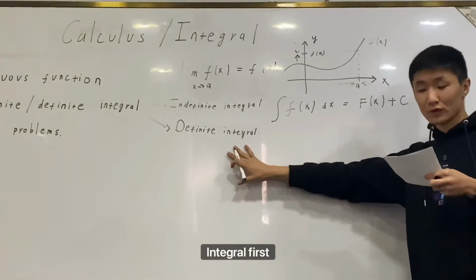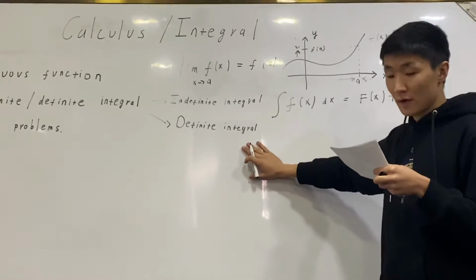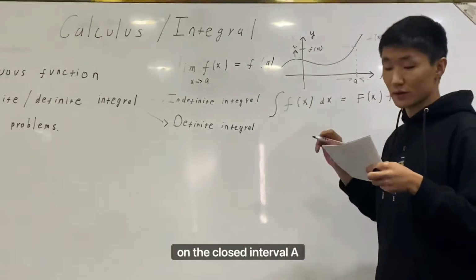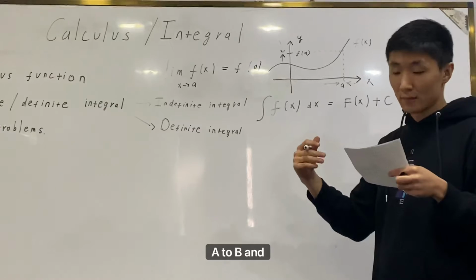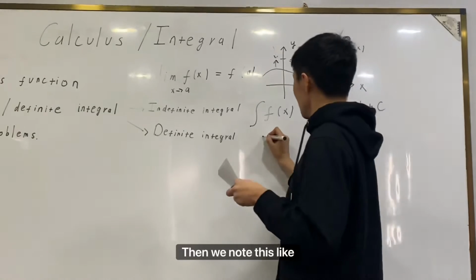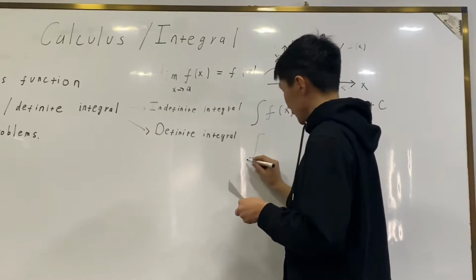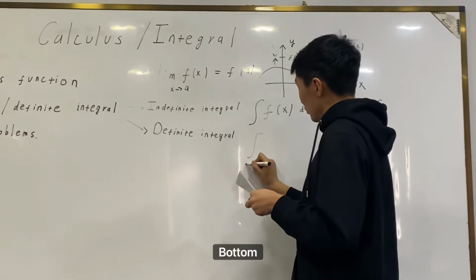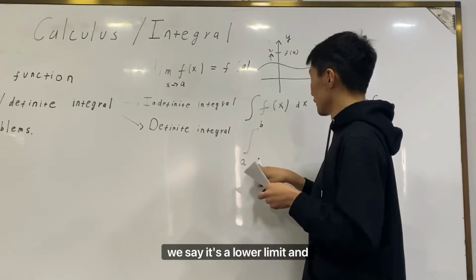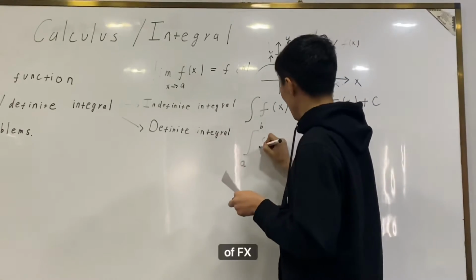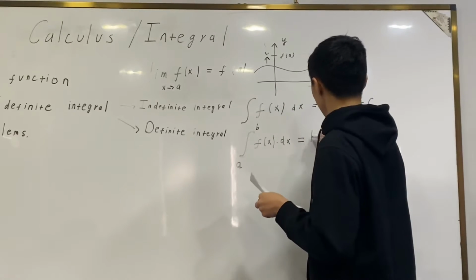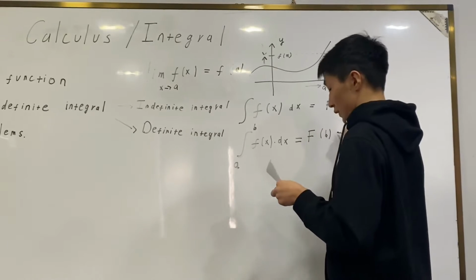The first fundamental theorem of calculus states that if f is continuous, as we check by this, on the closed interval a to b, and big F is the indefinite integral of small f on [a, b], then we denote this with the integral symbol, with the lower limit and upper limit, of f(x) dx equal to F(b) minus F(a).